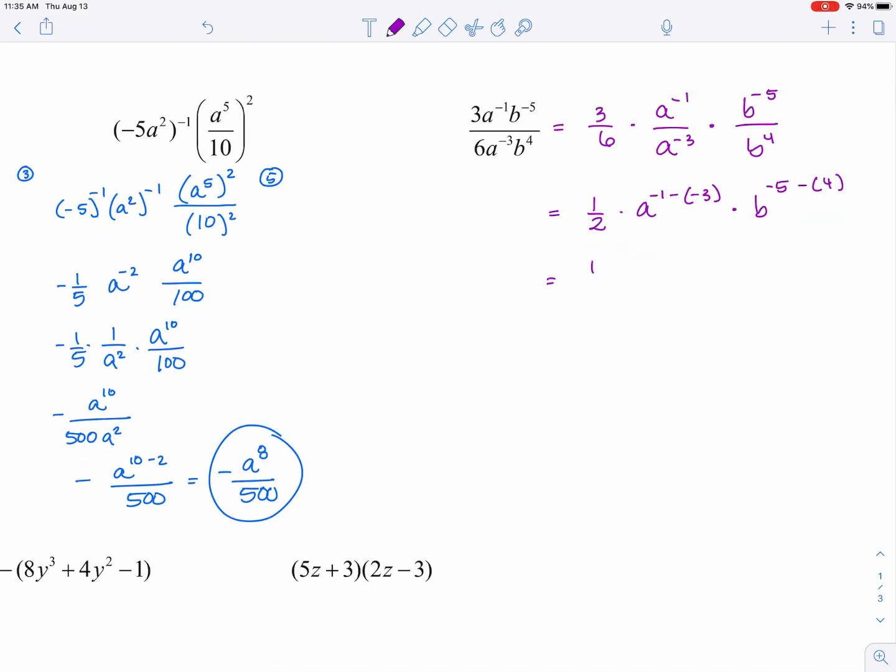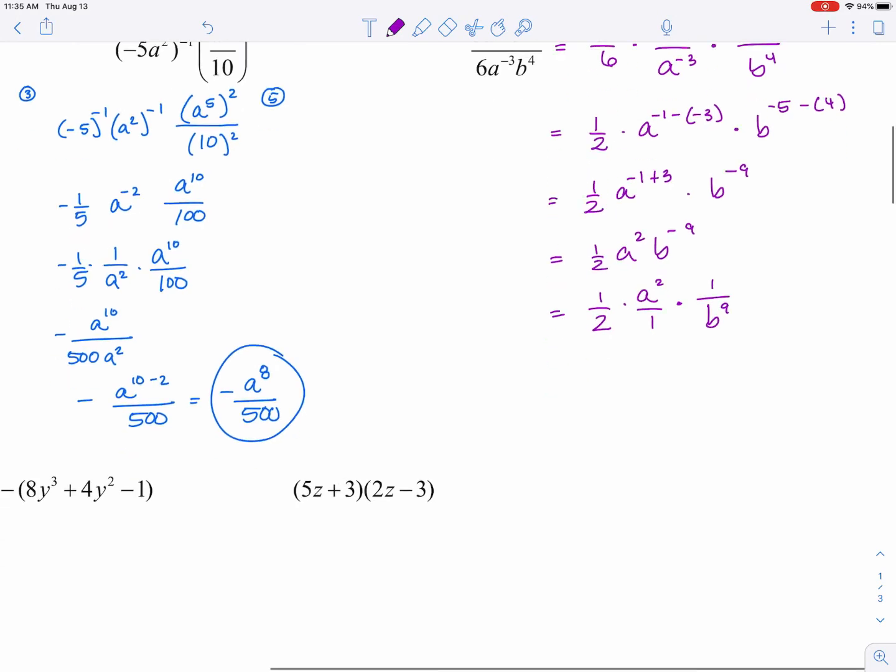Cleaning this up, this is 1/2 a to the negative 1 plus 3 times b to the negative 9th, which is 1/2 a squared b to the negative 9th, which is 1 over 2 times a squared over 1, if we write it as a fraction, times 1 over b to the 9th, because of that negative exponent.